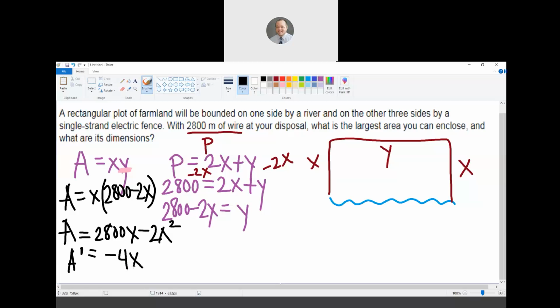And the first derivative of 2,800x is 2,800. Now, part of the first derivative test is to find any critical values. So you set your first derivative equal to 0 and solve for x.